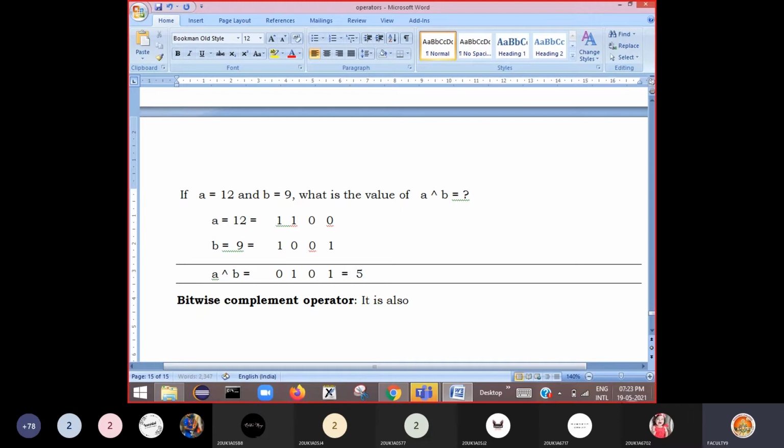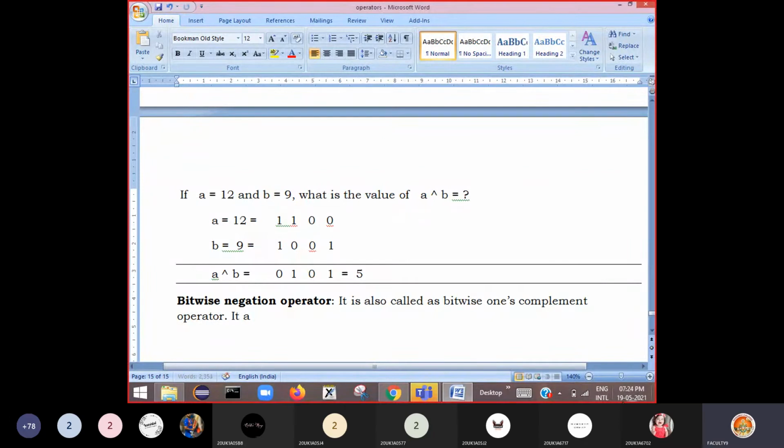It is also called the bitwise negation operator, and also the bitwise once complement operator.